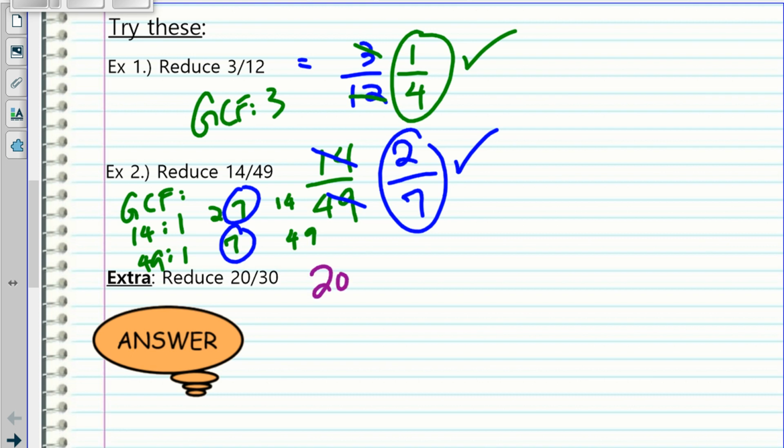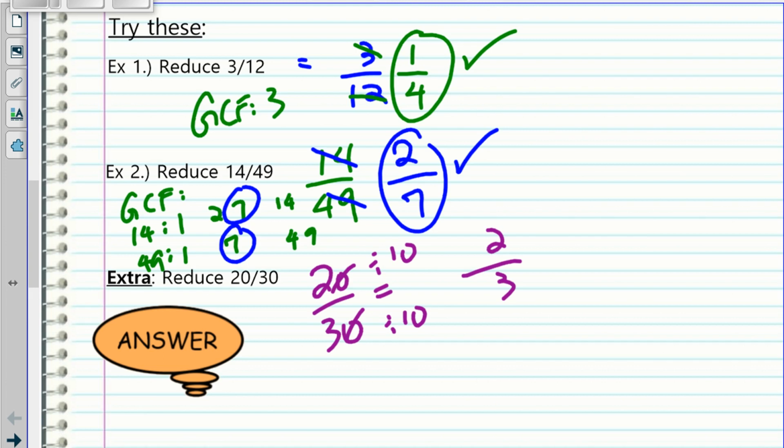All right, one last one, which is a little bit of a bonus. 20 over 30. There are 2 ways you can go about it. In the way we do in class with the greatest common factor, you will realize that the greatest common factor between 20 and 30 is 10, which means you would get 2 over 3, or which means you just take the zeros out. You could cancel these zeros out.